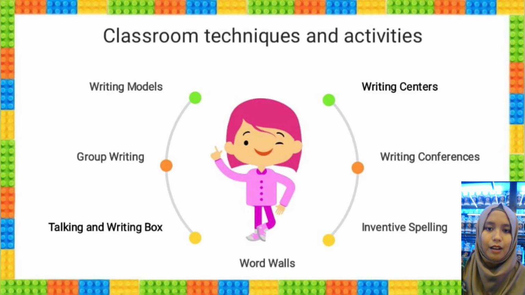And last, word walls. Word walls are lists of words that the children have encountered in their reading and that can be used in their writing. The list should be posted on the walls of your classroom. Learners can refer to a word wall during various stages of the writing process.